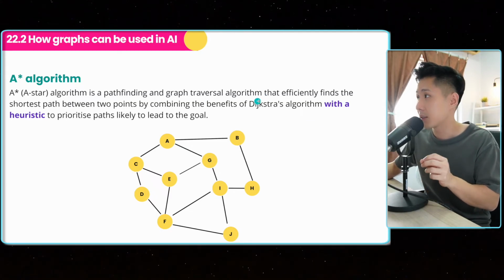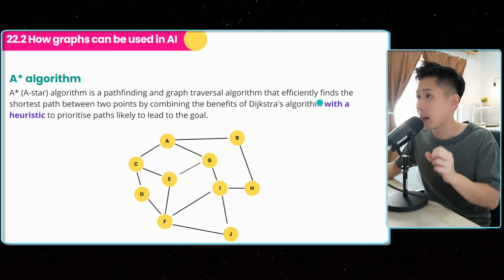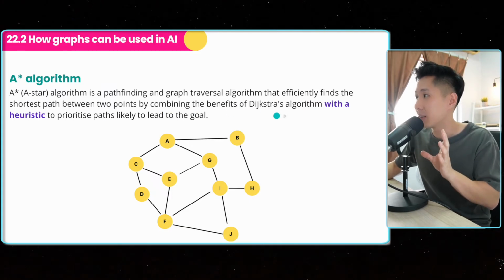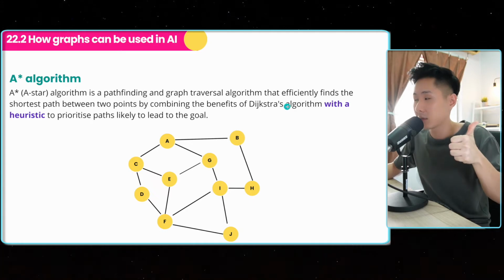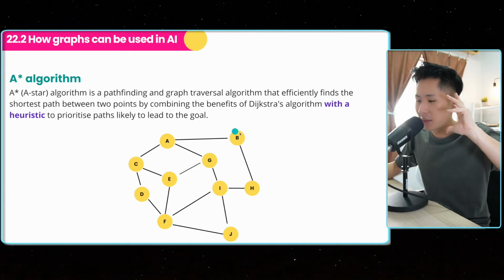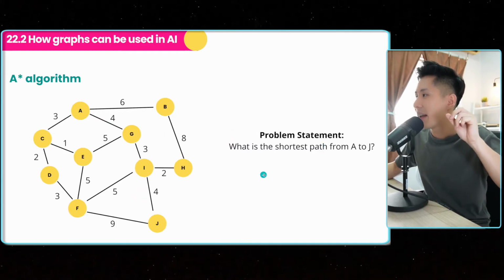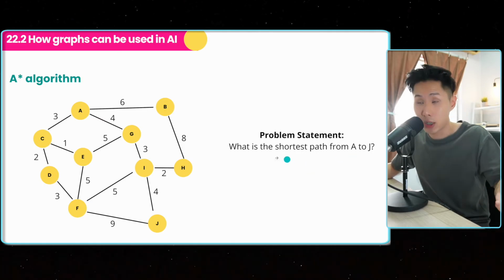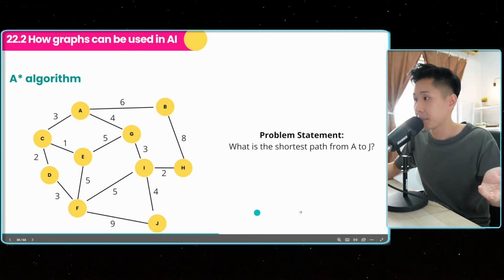A-star is a path finding and graph traversal algorithm that efficiently finds the shortest path between two points by combining all the benefits of Dijkstra with a heuristic, winning with some smartness. Let me explain. Imagine we are solving this problem. What is the shortest path from A all the way to J?